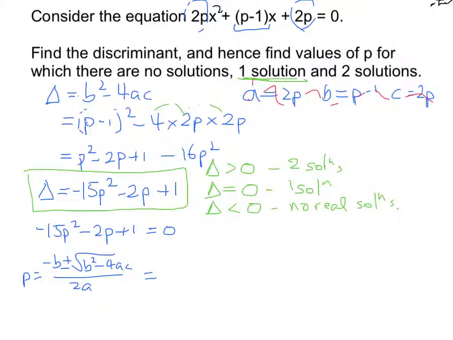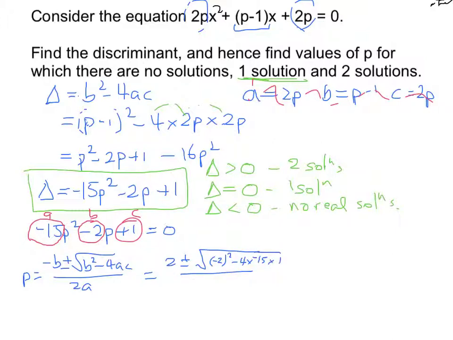Our a, b and c, in this case, a is negative 15, b is negative 2 and c is 1. So negative b will be negative of negative 2, which is 2, plus or minus the square root of negative 2 squared, take away 4 by a, which is negative 15, by c, which is 1, all over 2a, so that's 2 by negative 15.